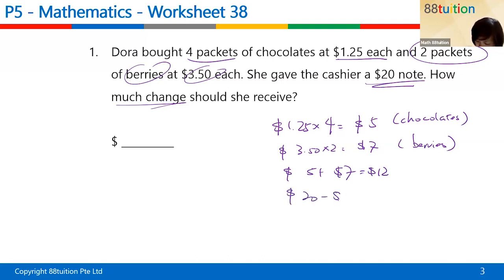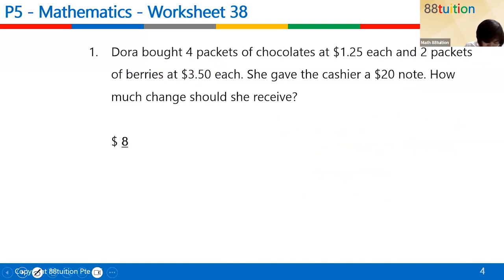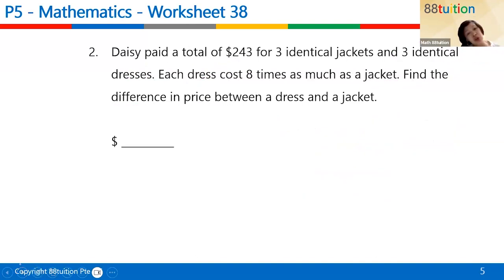So if you gave the cashier a $20, you will get $8 back for the change. Okay. All right. Next question. Those who got it right, it's okay. Those who got it wrong, please do correction.